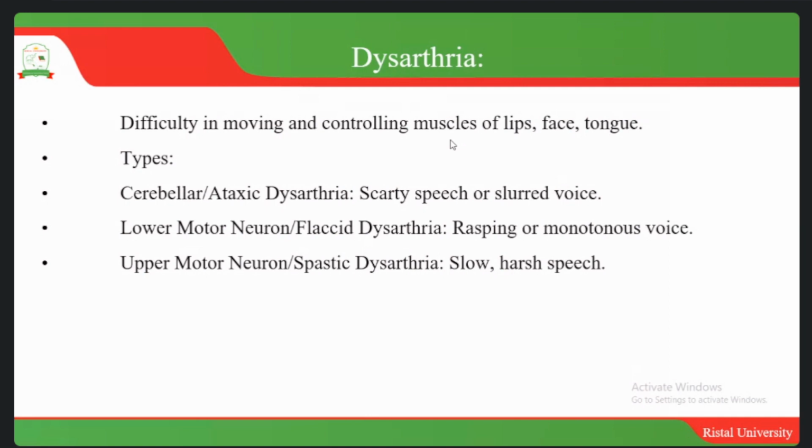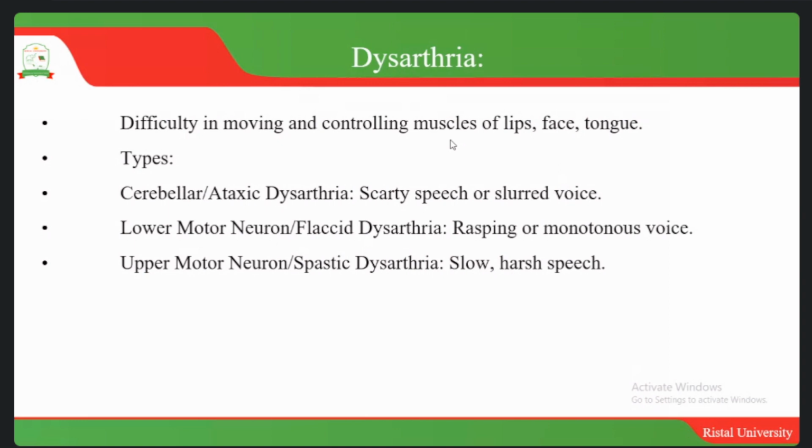Then lower motor neuron, flaccid dysarthria, which is a rasping or monotonous kind of voice. He keeps repeating the same sound to every question you ask, which may not be the answer to what you are inquiring.